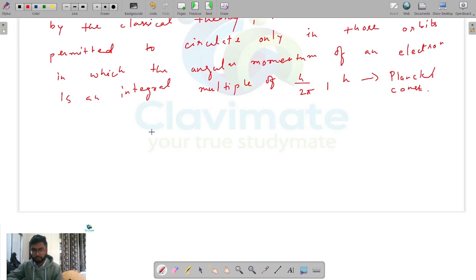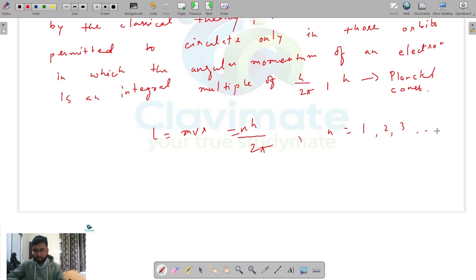So for any permitted orbit, we'll have L is equal to mvr is equal to nh by 2 pi, where n is equal to 1, 2, 3, and so on, and L, m, v and r are angular momentum, mass, speed of the electron, and radius respectively.